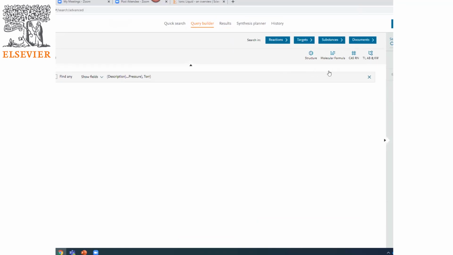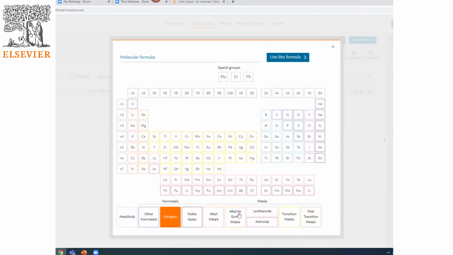And for example, for heavy metals, you can use it together with molecular formula. In molecular formula, you can put some specific metals, for example, plumbum. Or you can specify it like transition metals, post-transition metals. Don't forget to use star to tell the system that it's different kinds of molecules, not plumbum by itself.